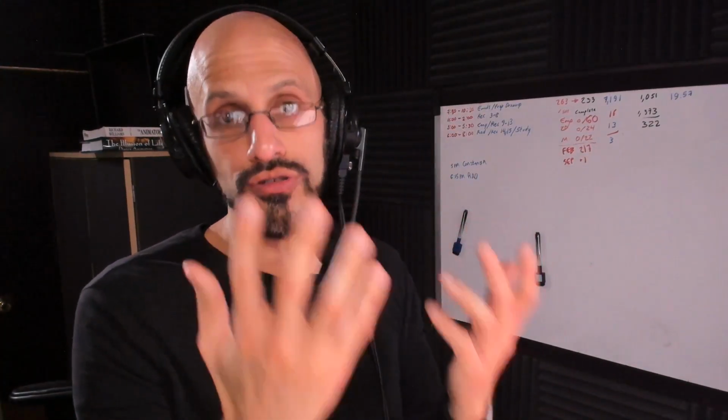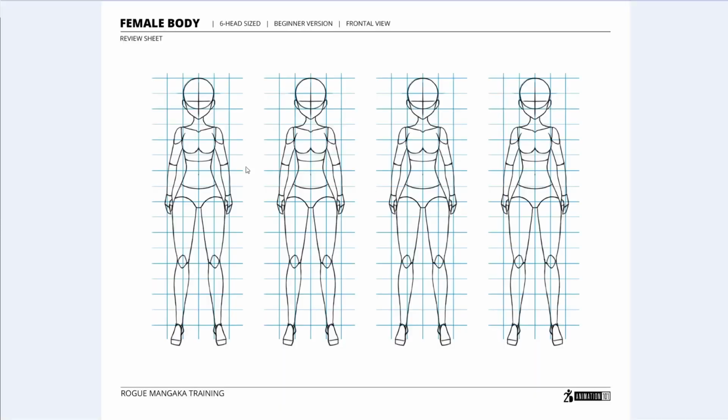But in this video, we're going to talk about something different, which is that part in relation to the rest of your character or your drawing. So let's understand this with an example. We see this, which is one of the exercises of the Rogue Mangaka, right?